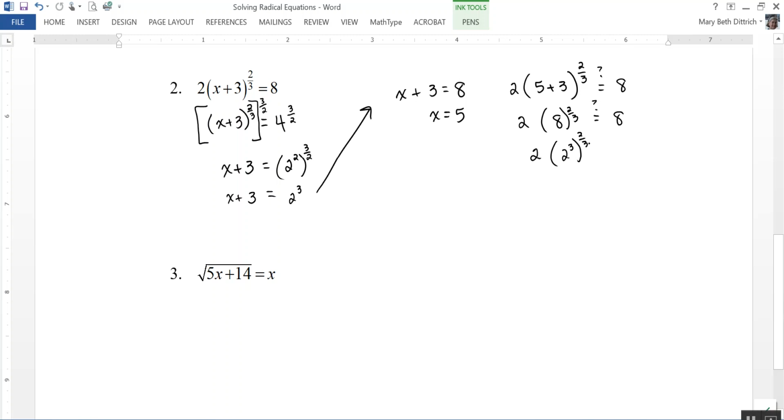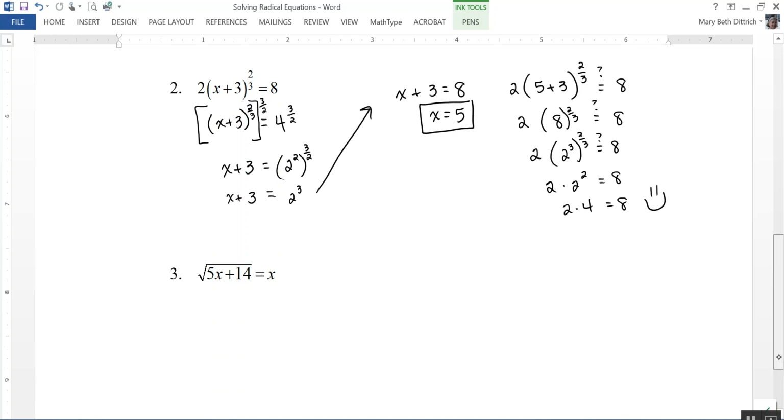It's going to be 2 times 2 squared. Is that equal to 8? So that's 2 times 4. That is indeed equal to 8. So it checks. So x is equal to 5.